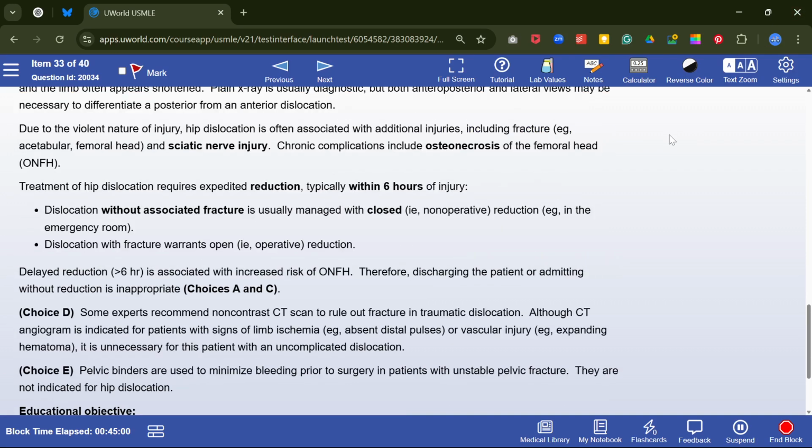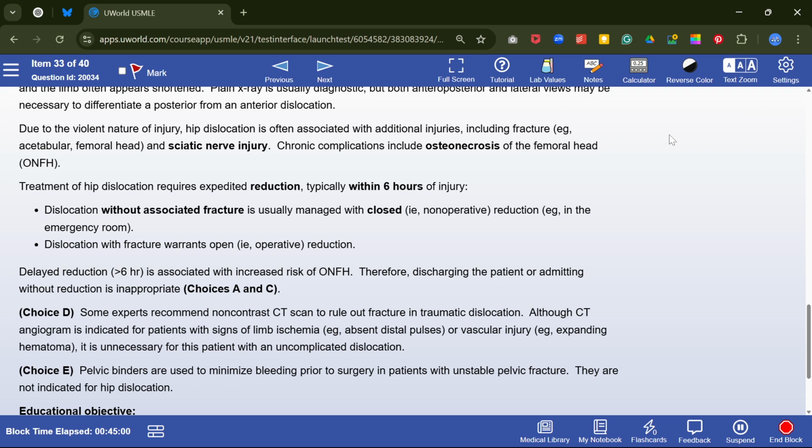Treatment of hip dislocation requires expedited reduction, typically within 6 hours of the injury. Dislocation without associated fracture is usually managed with closed non-operative reduction in the emergency room, and dislocation with fracture warrants open reduction.